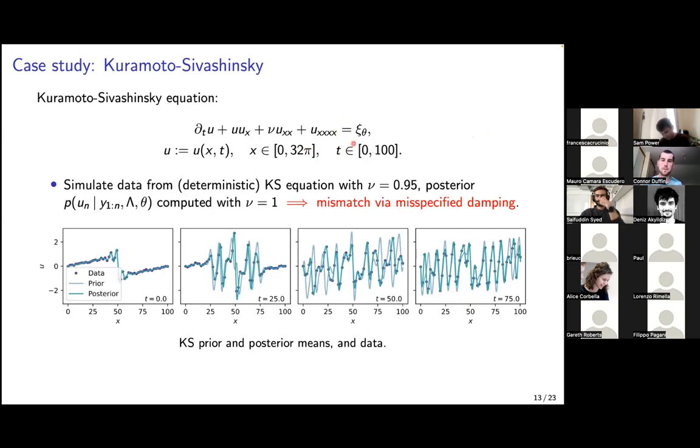Again, we're going to add on stochastic forcing, and we can see that the amount of mismatch that we can create via tweaking this parameter in a relatively small fashion can be rather significant because of the spatiotemporal chaos inside of this model. So the posterior seems to correct for the mismatch that happens between the data and the a priori specified model.